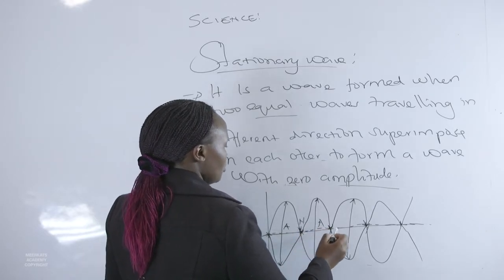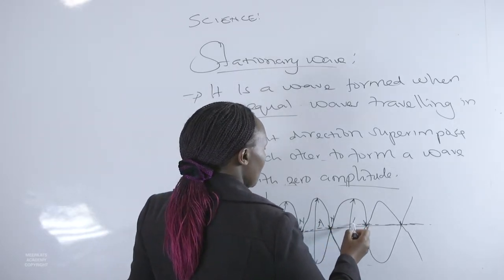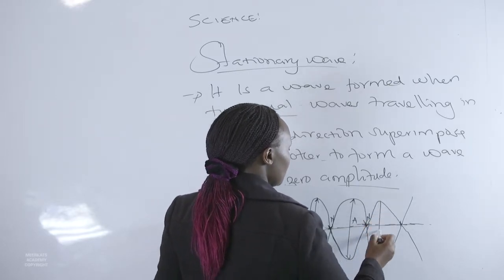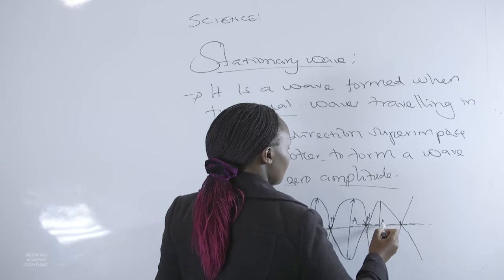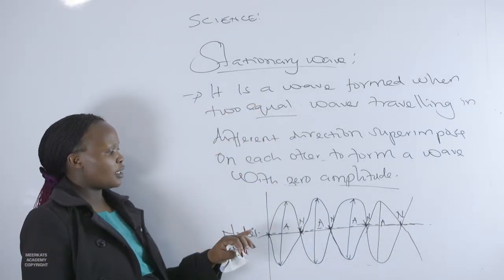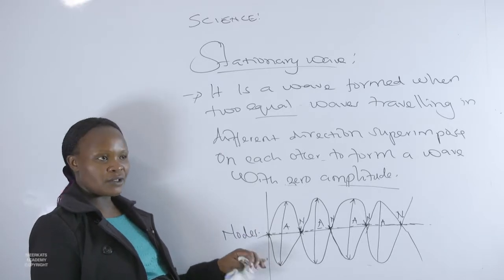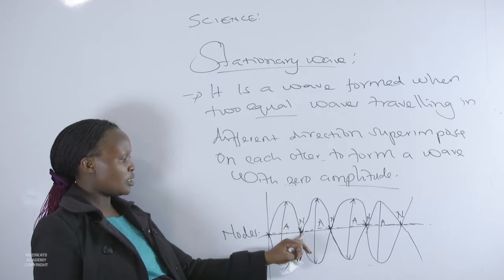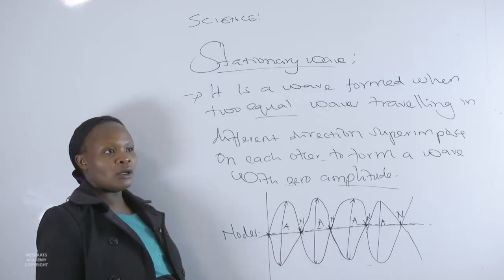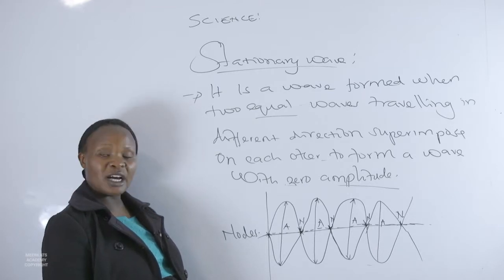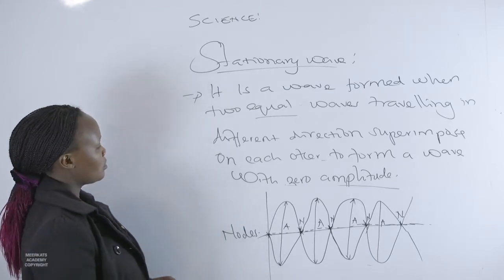So we have nodes and then we have antinodes. We have said that two waves interfere, so that now we form some parts of 0 displacement as well as other parts where we have maximum displacement.